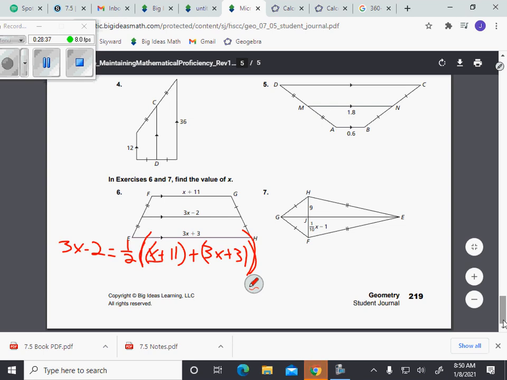We have x and 3x, that's 4x, so we get 1/2 times 4x. We have 11 and 3, which is 14. And that's going to be equal to 3x minus 2. Distribute the 1/2. We'll get 2x plus 7. So we have 3x minus 2 on that side equals 2x plus 7. From here it's just solving. If we subtract the 2x and add the 2, we'll get x is equal to 9.